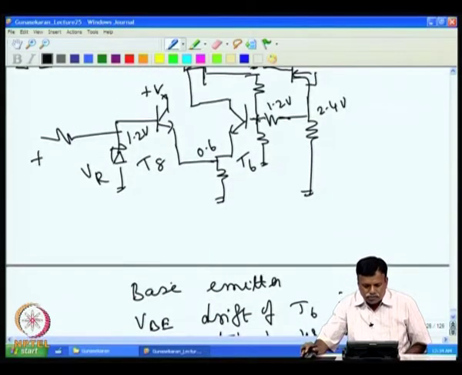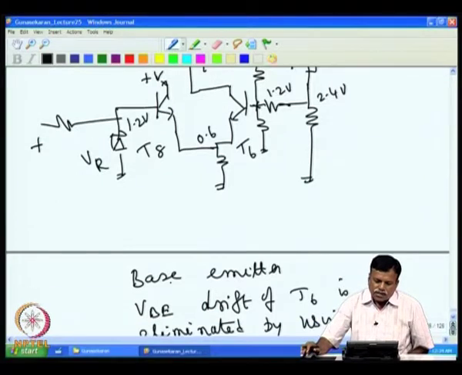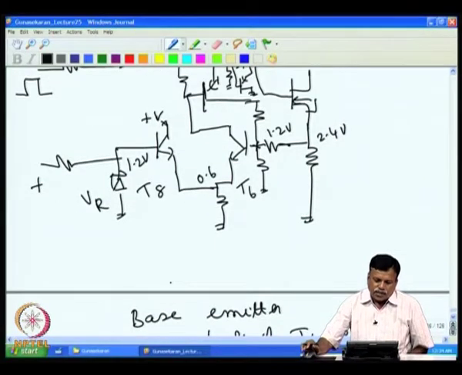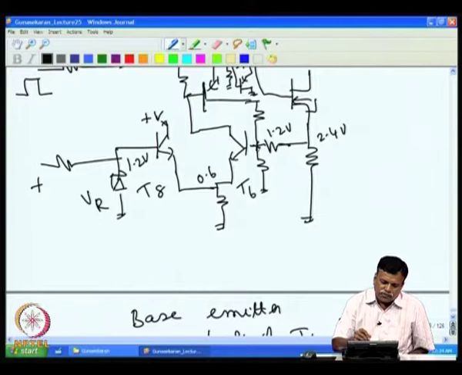Now, for example, if the temperature goes high, then we need only 0.5 volt difference here. Since this also needs only 0.5 volt, but at higher temperature instead of 0.6, it will shift to 0.7.